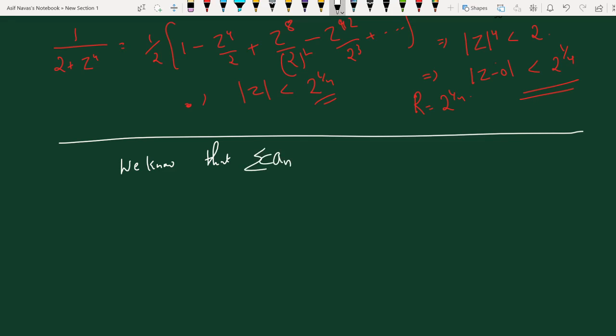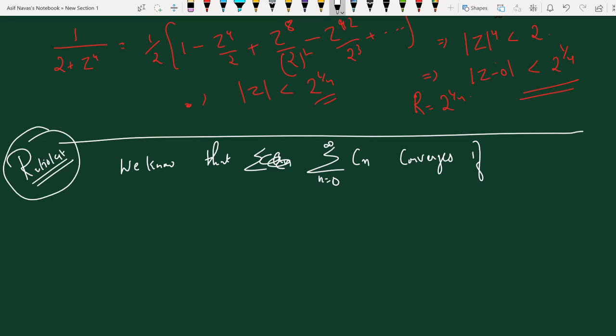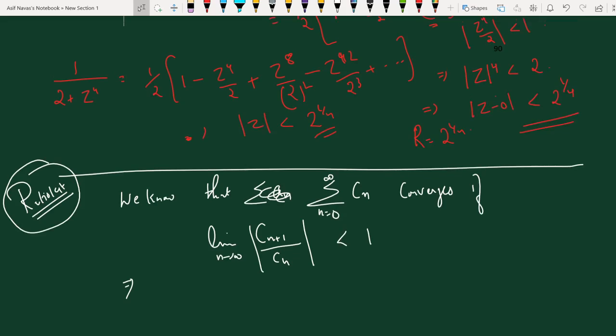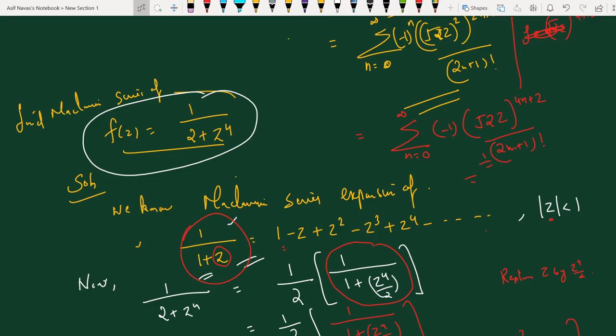So we know that sigma n equal to 0 to infinity cn, this series converges, using the ratio test, which you already studied in calculus, if the limit as n tends to infinity of modulus cn plus 1 by cn is less than 1. So here in the above, what is cn?